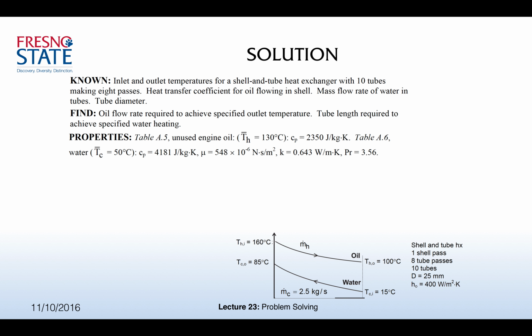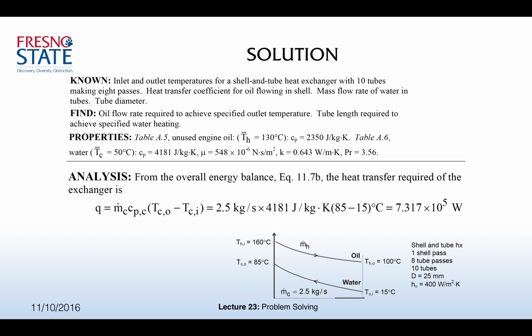The mu, or the dynamic viscosity, 548 times 10 to the power minus 6 newton seconds per meter squared. Also, we have the thermal conductivity of the water, k, and that's equal to 0.643 watts per meter Kelvin. And finally, we need the Prandtl number as well, and the Prandtl number from the table is 3.56. These are the properties we would need in our problem. So now we are ready to start.